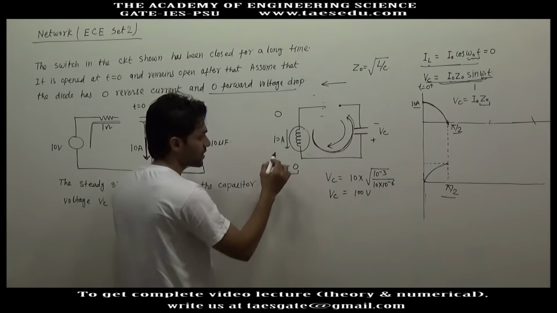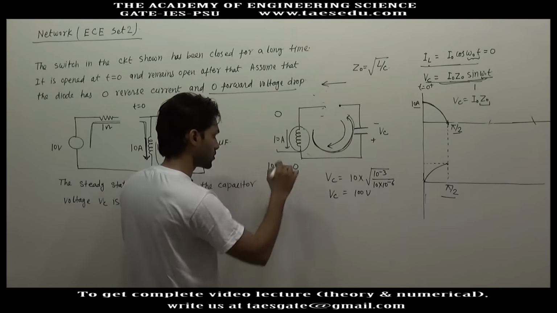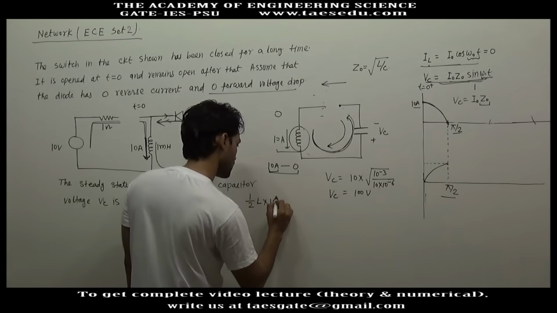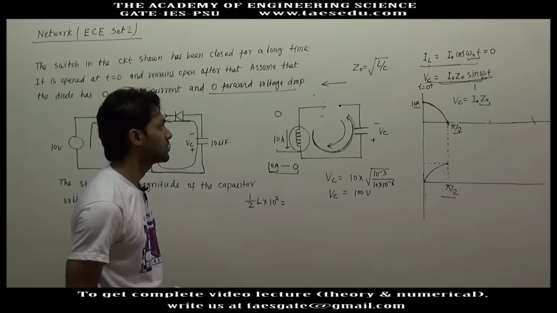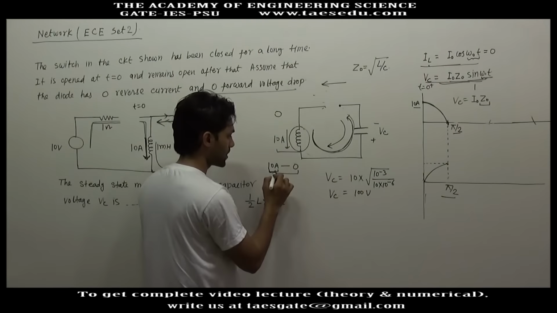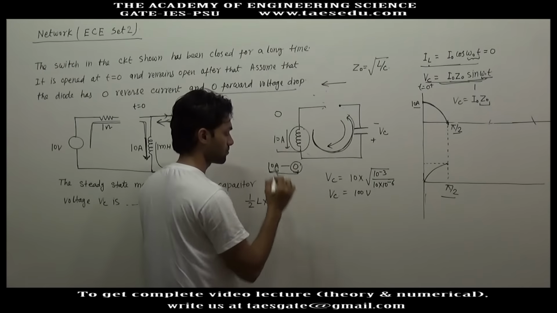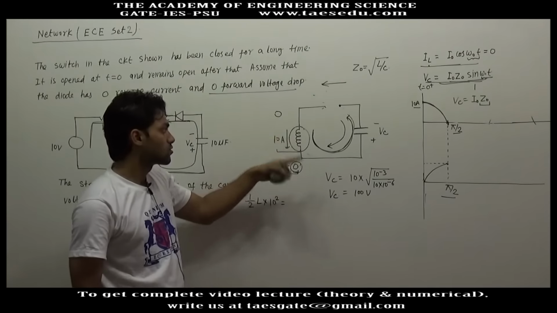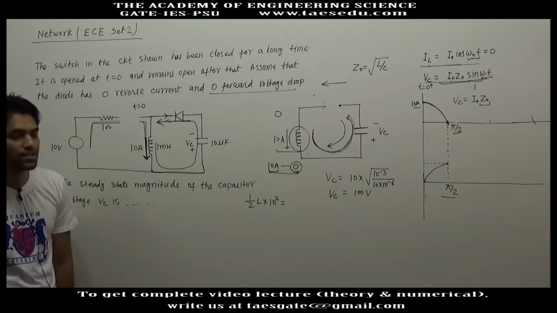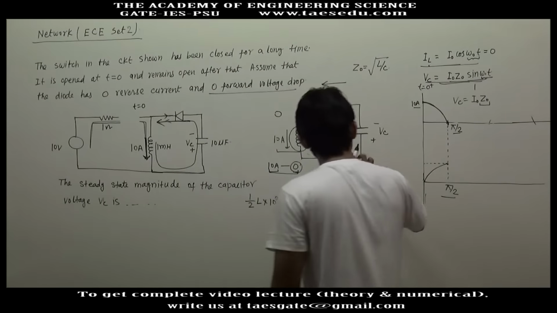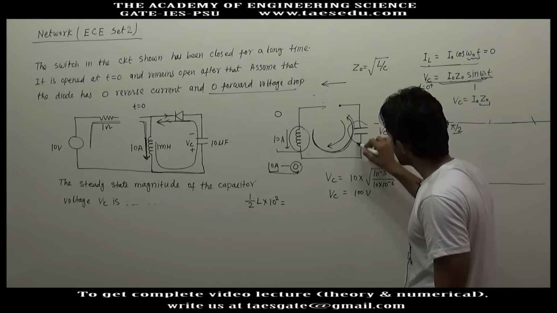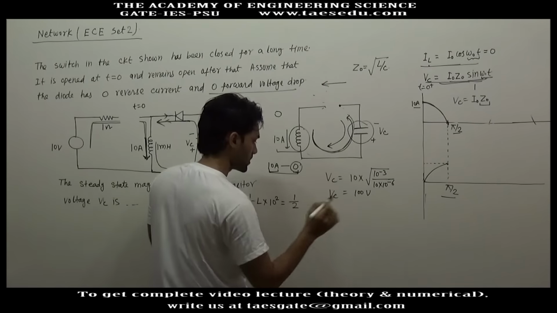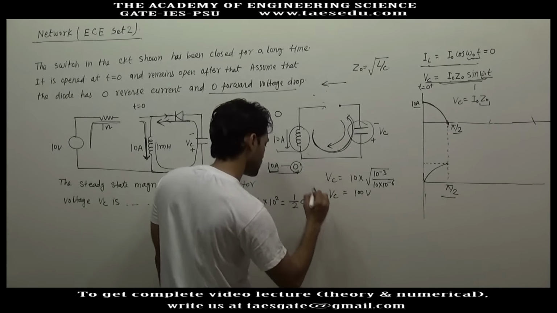So initially when inductor had a current of 10 ampere, the total energy in this system was half L i square, half L into 10 square. Okay, and when inductor current goes to 0, the total inductor energy becomes 0. So where has the total energy gone? The total energy is stored in the capacitor. So energy stored in the capacitor will be half C V square.